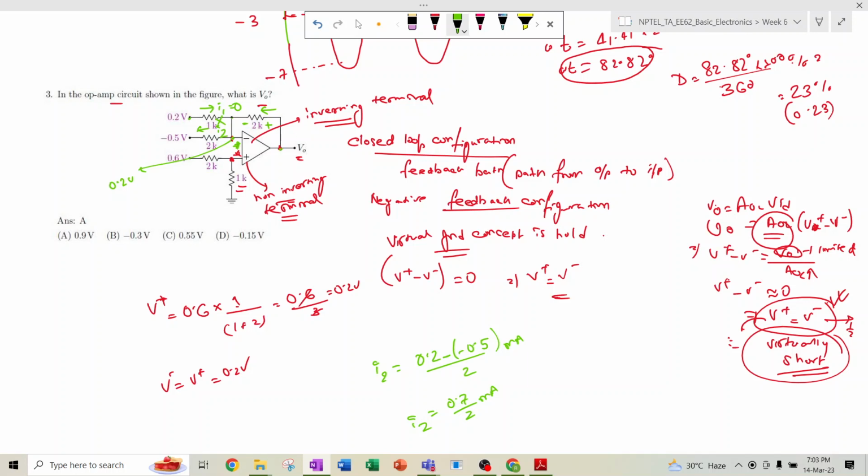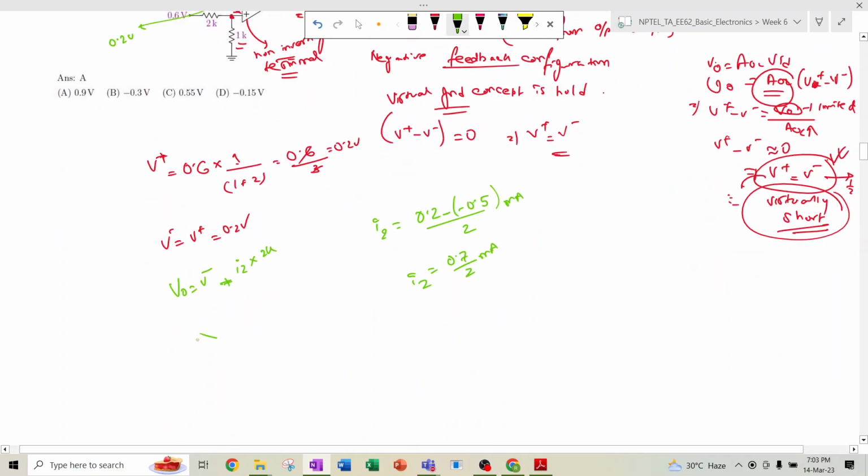So what will be the value of V naught? V naught will be nothing but V minus plus the voltage across the resistor. The same amount of I2 will flow in this side, because there is no current in the other side. So I2 into 2k.